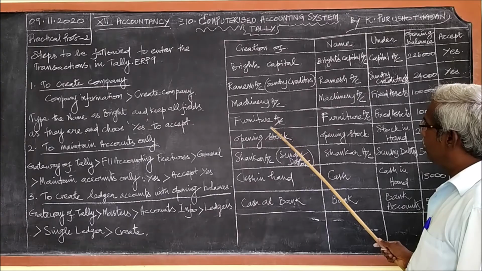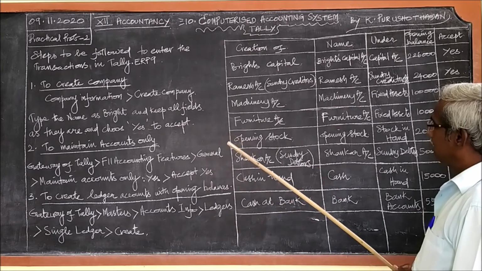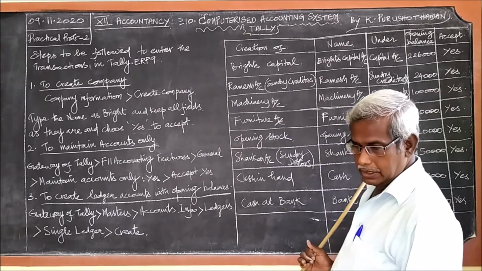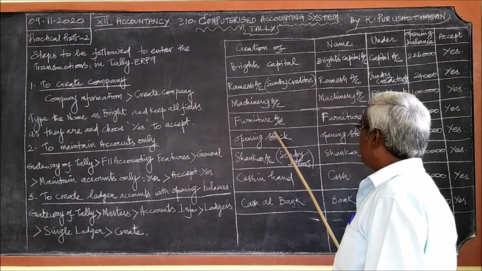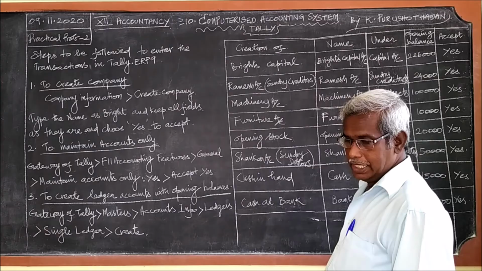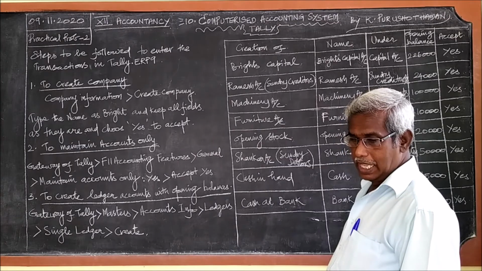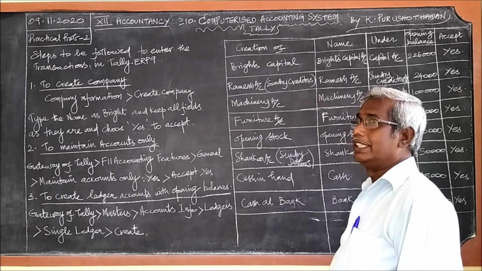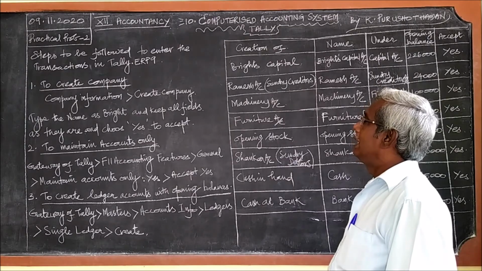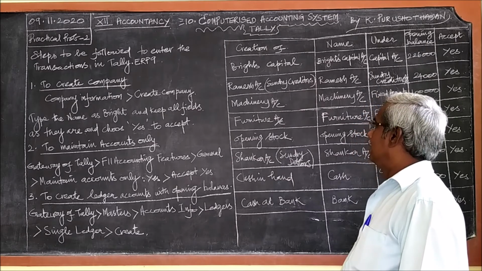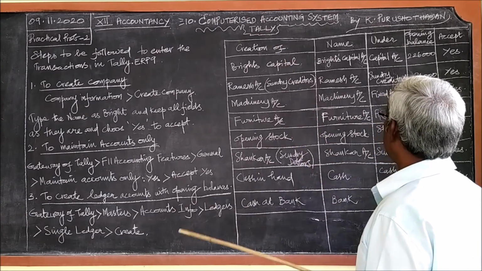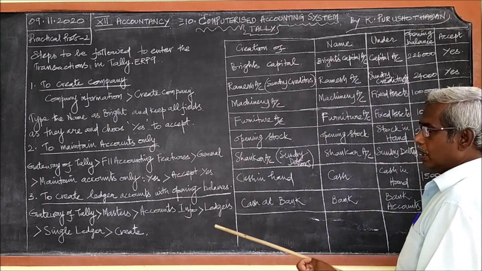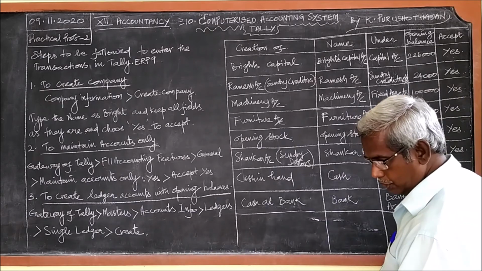But then, what about the opening stock? The next one is the opening stock. Here the given item is stock. How do we write this as opening stock? Because in the question itself, the balance sheet is as on 1/4/2018. This is the first day of the accounting year or financial year. Therefore, it is treated as opening stock. Because there are two stocks, one opening stock, the other closing stock.